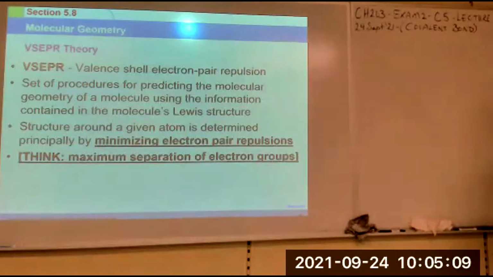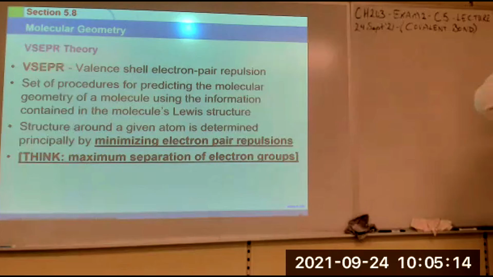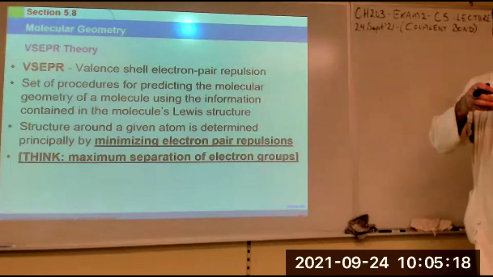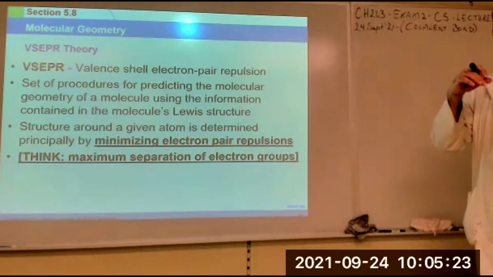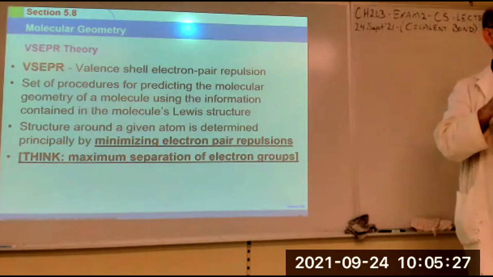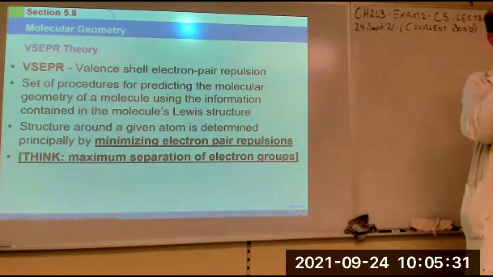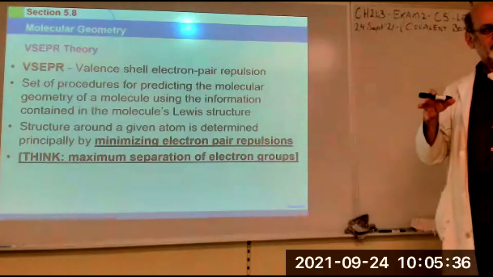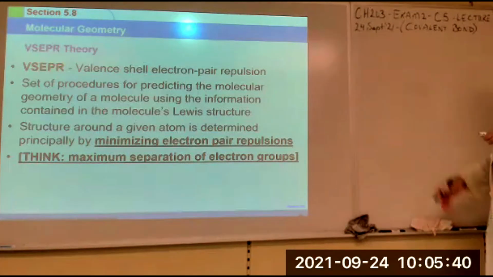But all it means is when you position atoms around a central atom, they're going to push away from each other to the maximum extent possible. They want to minimize repulsion. So if you try to push them close together, right, all these electrons are going to push away from each other. So there's a happy medium in there. And that's what we're looking for with the valence shell electron pair repulsion.